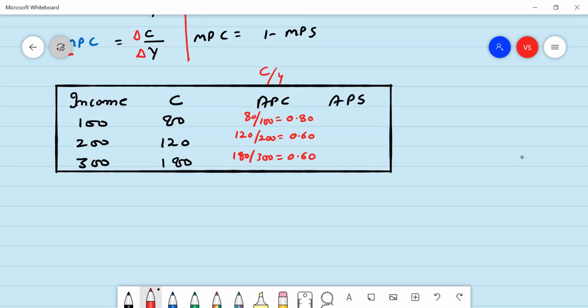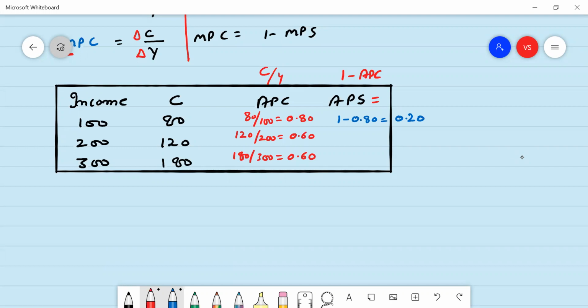Now APS. To get APS, you can use two formulas. One is that APS can be calculated by 1 minus APC. I told you the formula 1 minus APC. So here 1 minus 0.80, after deducting, your answer is 0.20.